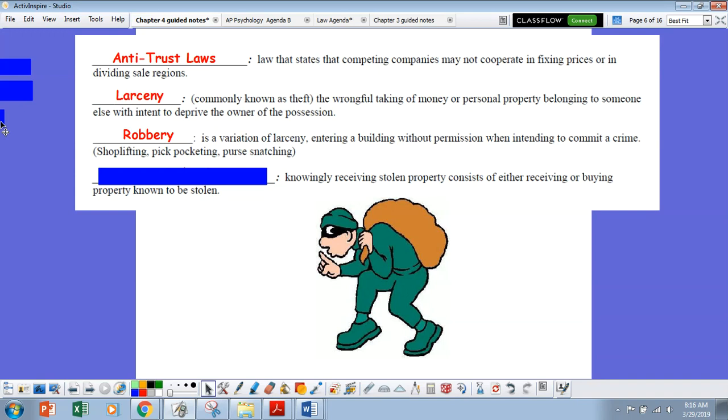Sometimes with larceny, it's like if you're unintending, like a piece of property that you just kind of are not paying attention to, somebody will come and take that. Usually there's no physical intent as far as to hurt someone, whereas robbery, there can be. And then finally, receiving stolen property, which is kind of a challenging area here. Knowingly receiving stolen property, consisting of either receiving or buying property that is known to be stolen.